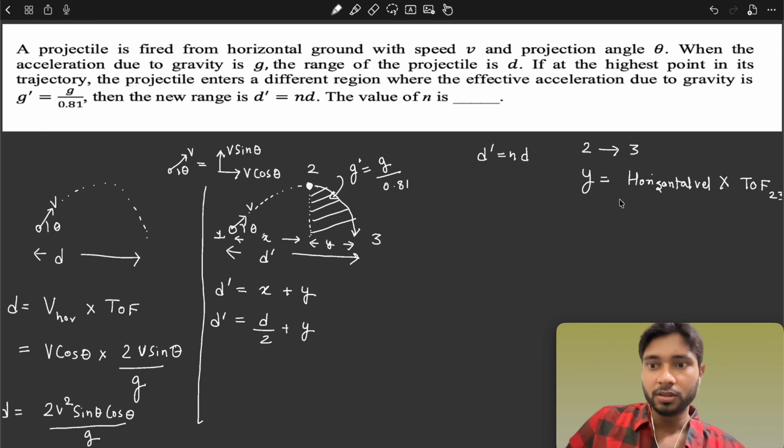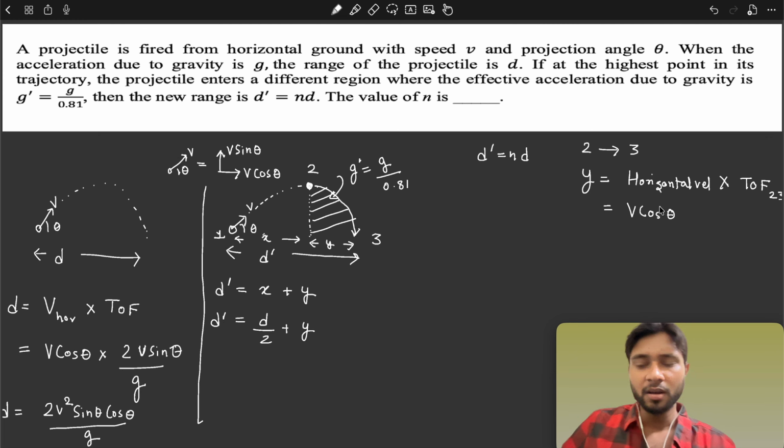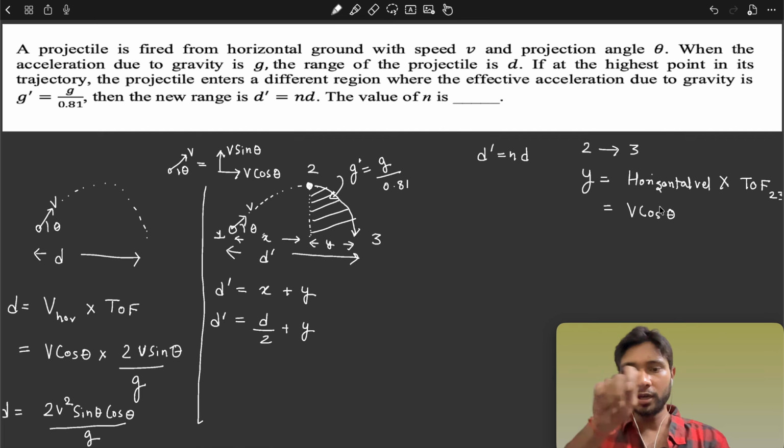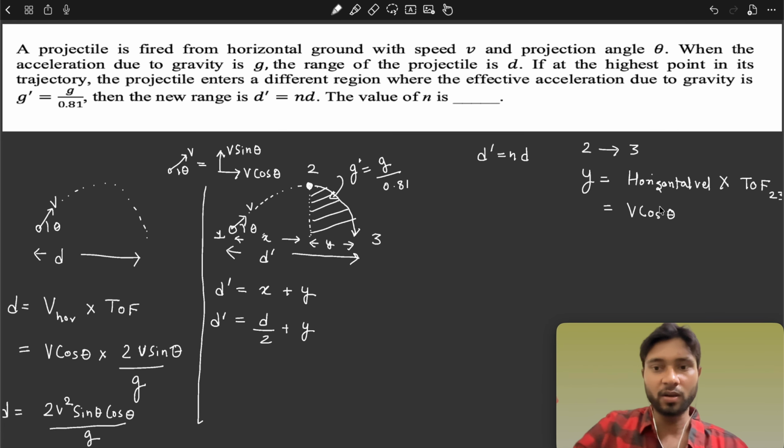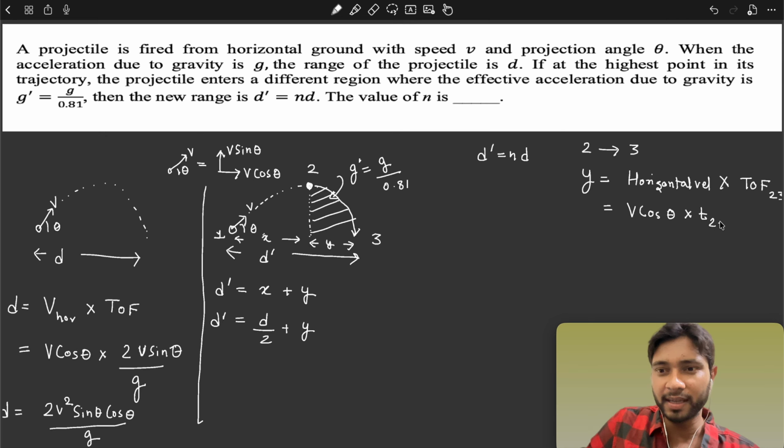In this case the horizontal velocity will remain the same, which is v cos theta, because right from 1 to 3 there is no force in the horizontal direction, so the velocity will remain constant, v cos theta, into the time of flight between point 2 to 3, which I am denoting as t23.